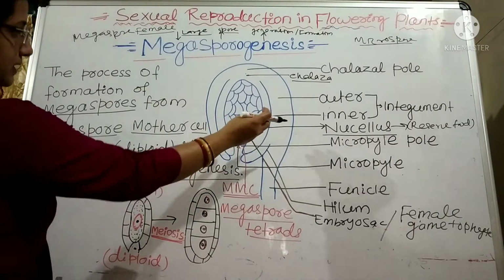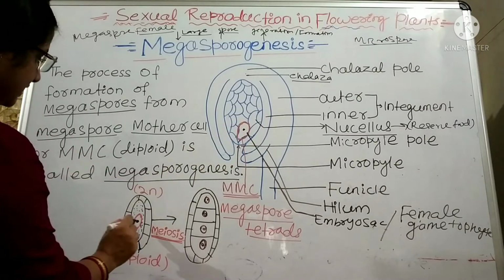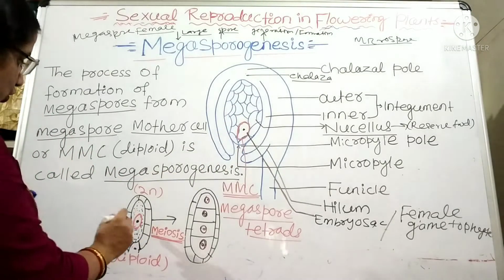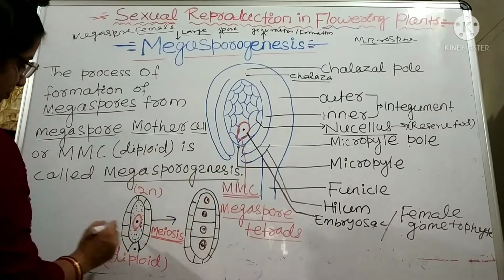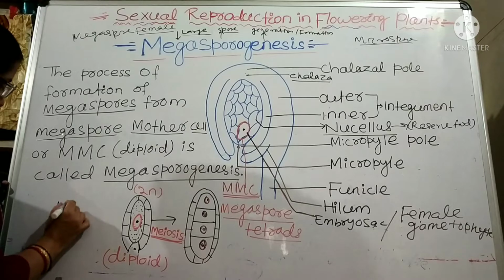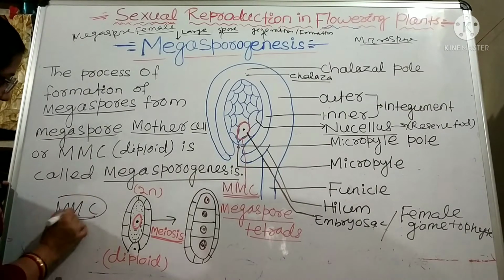Let's take the megaspore mother cell here and draw it. Suppose this is one of the cells, that is the megaspore mother cell, or MMC.